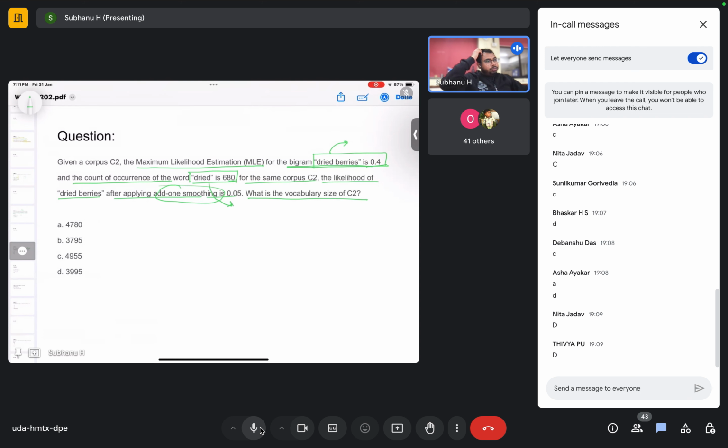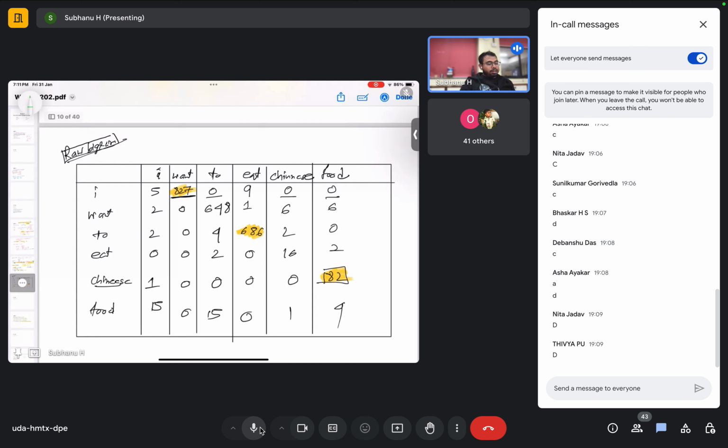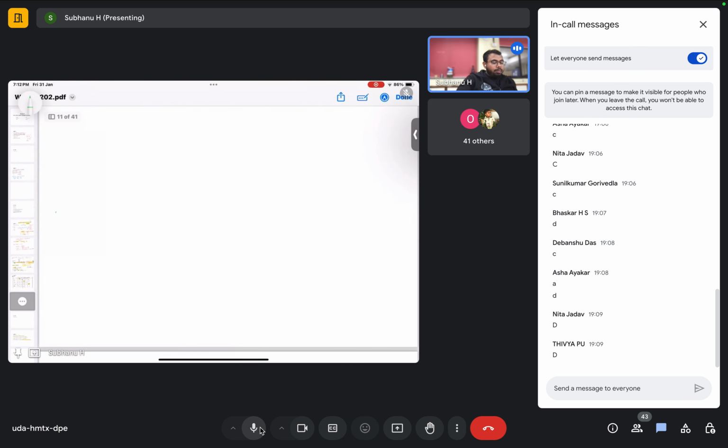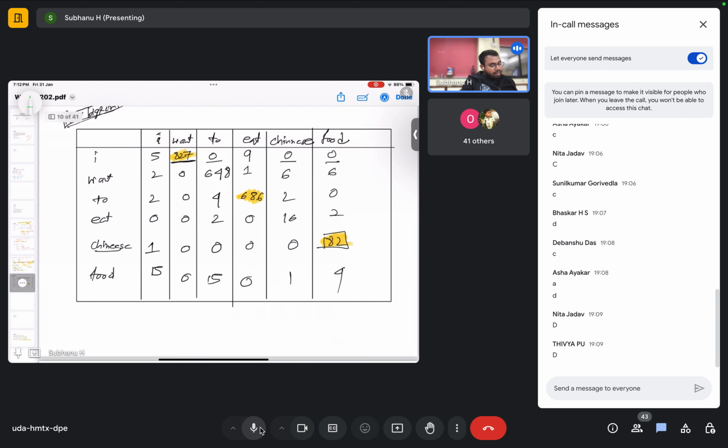So what we have done till now, we have seen this table. What is the raw bigram table like? What does it mean by raw bigram table? It means you have a table with the counts of I want, I two, I eat, I Chinese, I food.